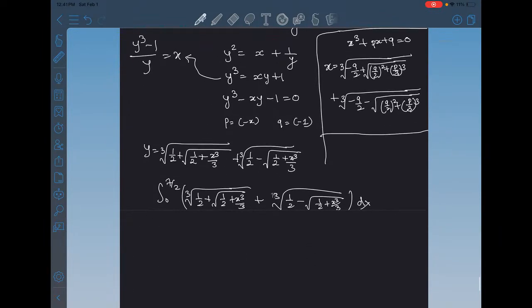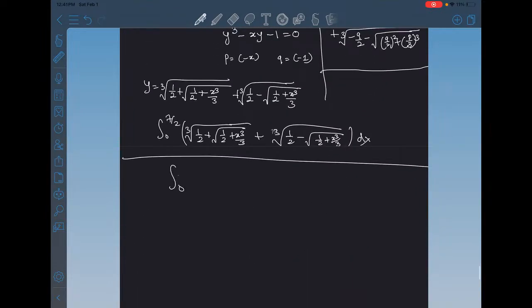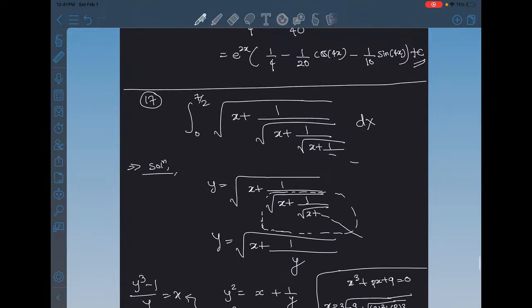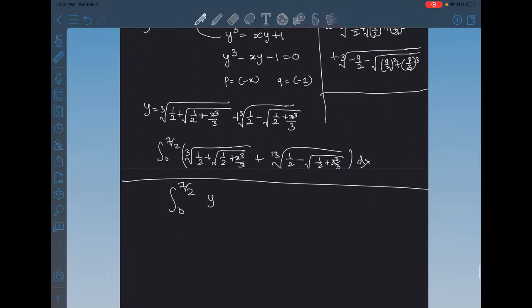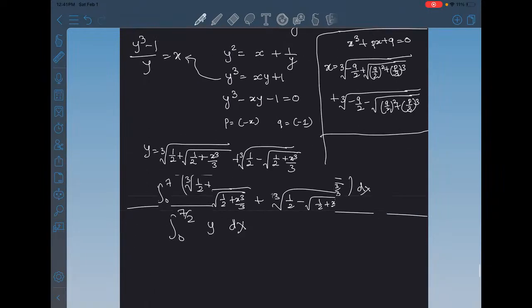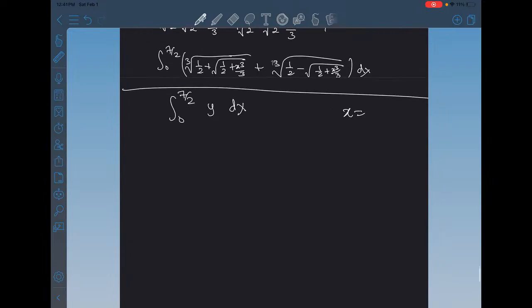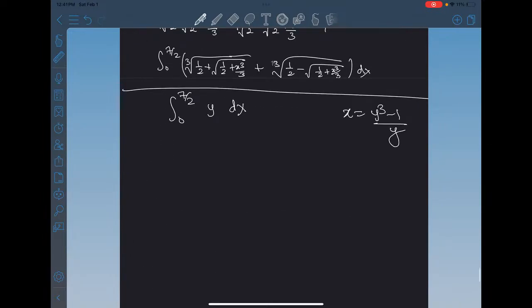Okay, let's go this way. We now at least know that we actually want to find the integral from 0 to 7 by 2 of y times dx, right? And we know that x is equal to y cube minus 1 by y.